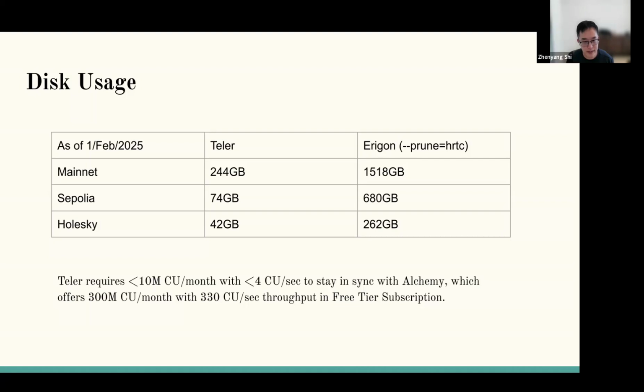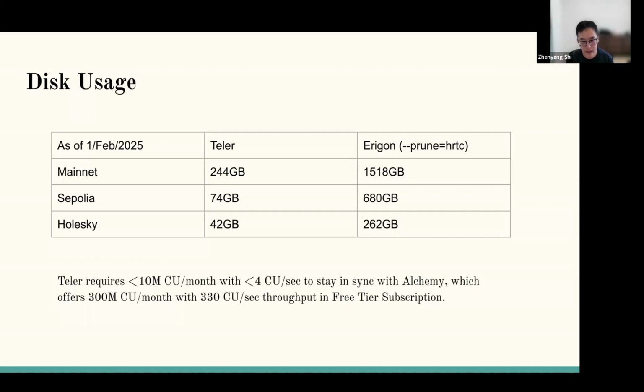And a synced Teler node requires no more than 10 million credit units per month, with 4 credit units per second, to stay in sync with Alchemy. And right now, Alchemy is offering 300 million credit units per month with 330 credit units per second throughput for its free tier subscription.